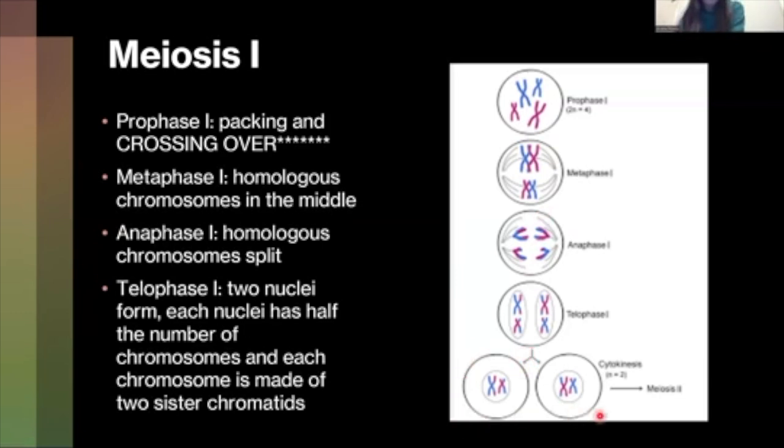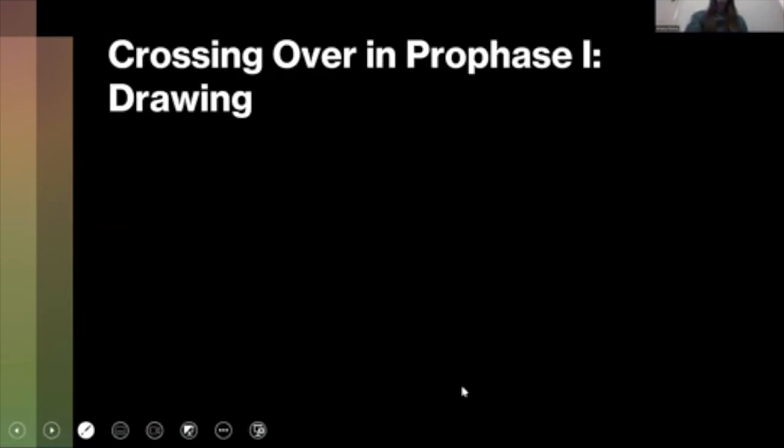So then in our last stage right here, before we go to meiosis 2, we started with 4 chromosomes. Now we have 2 chromosomes per cell, and each chromosome has sister chromatids. So now, before we go and talk about meiosis 2, let's go ahead and talk about crossing over really quick.